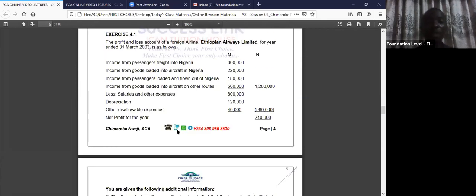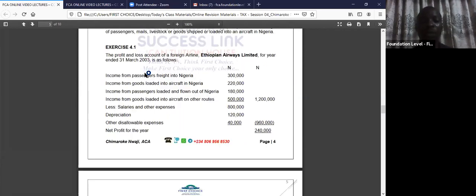So let's come back to this work. Can you look at this for income and tell me the figures that are Nigerian income? So go to the Zoom chat room now, not the WhatsApp chat room.